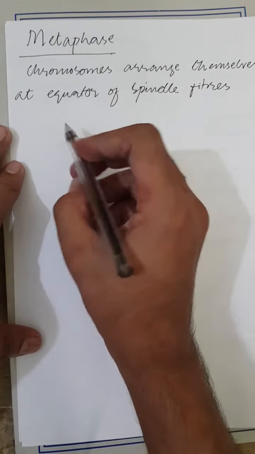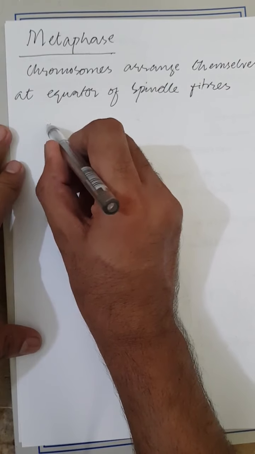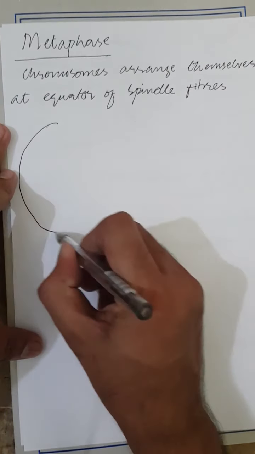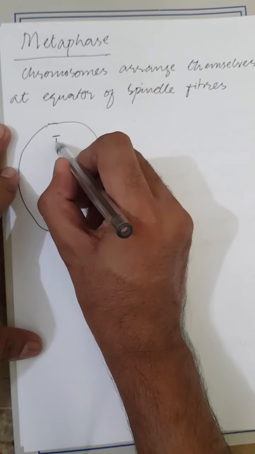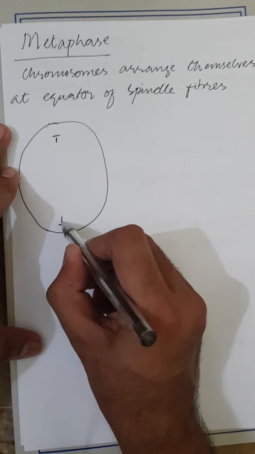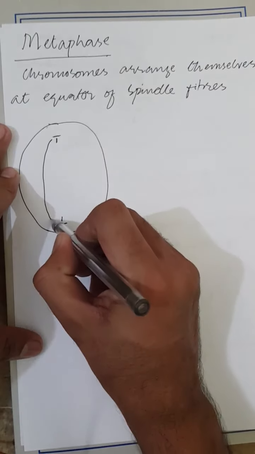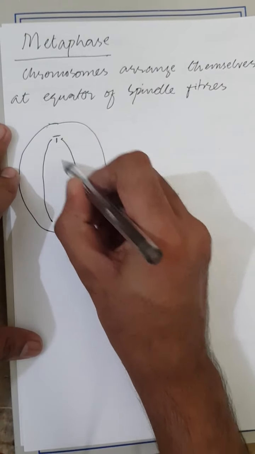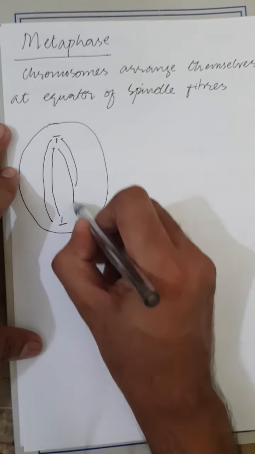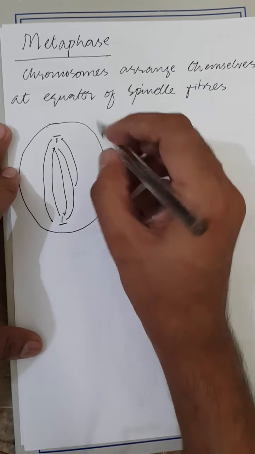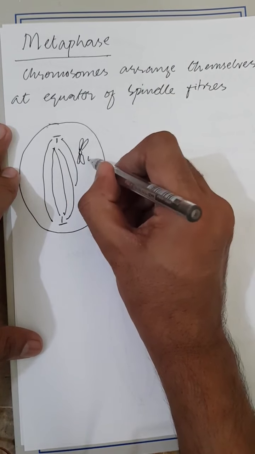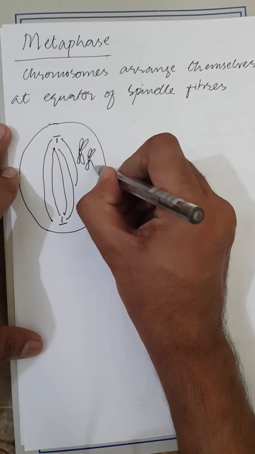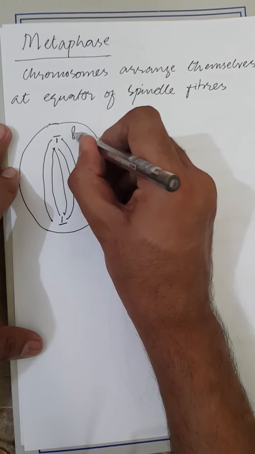If you recall prophase, this is called the cell membrane, this is centriole, and we had chromosomes.